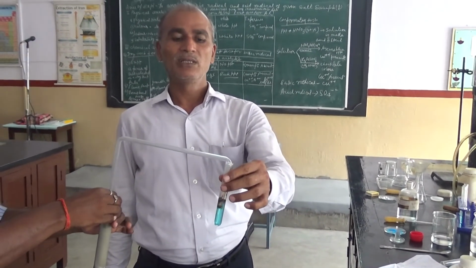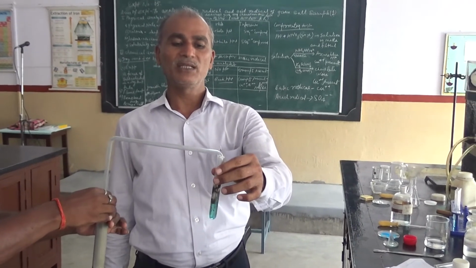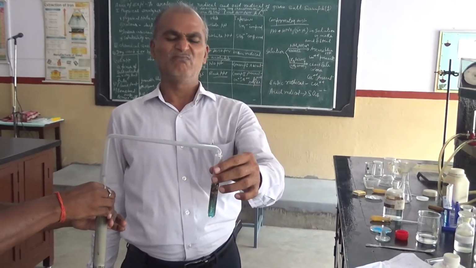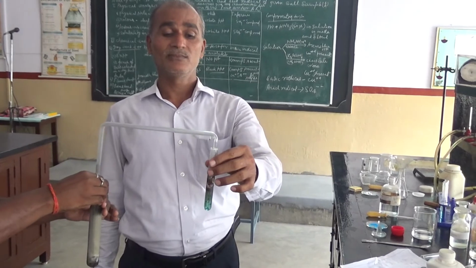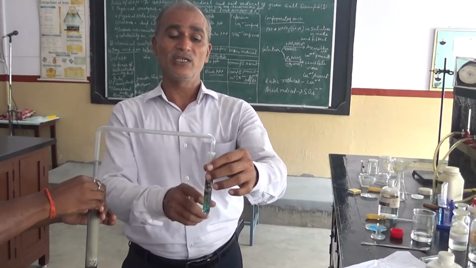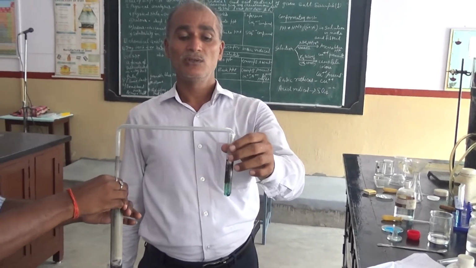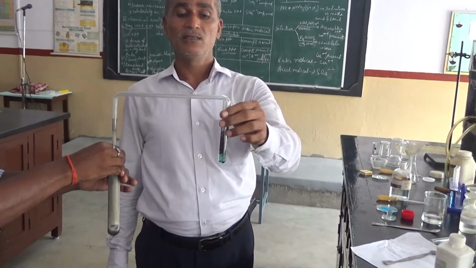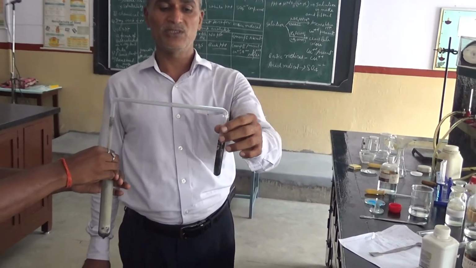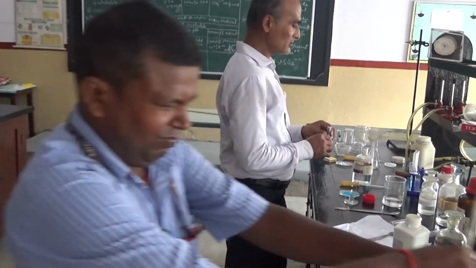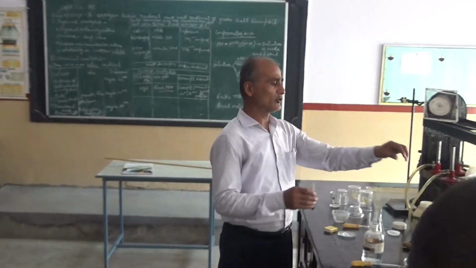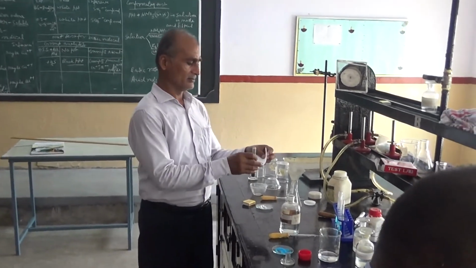Now you can observe the black precipitate is obtained. H2S gas is passed through it and the solution turns black due to the formation of the black precipitate. Now we have to filter this precipitate.